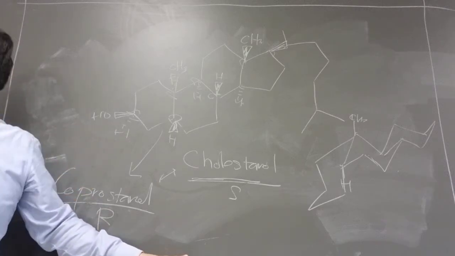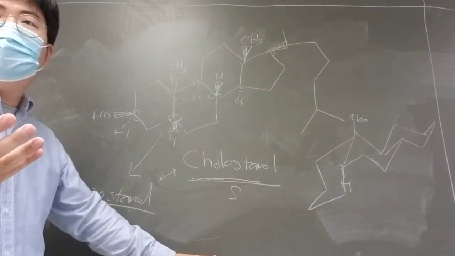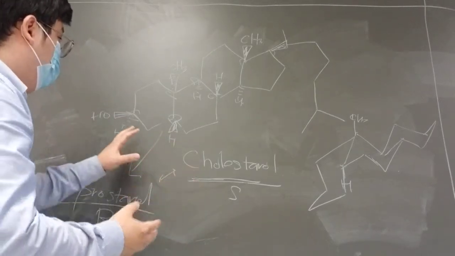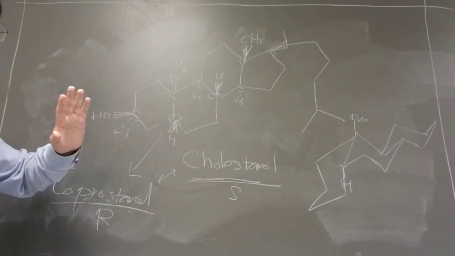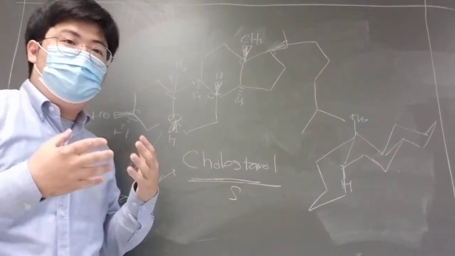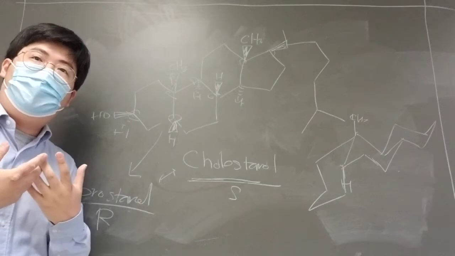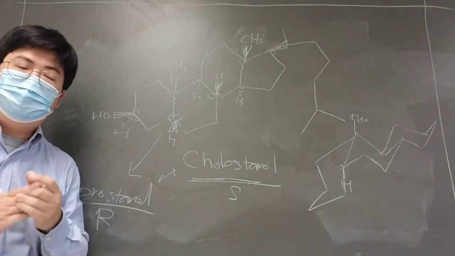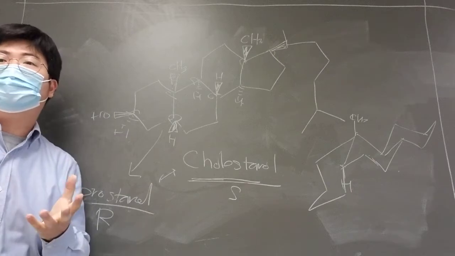Do you have any bio majors here? Bio majors? We all were, okay. So when you look at all these cholesterol-derived compounds and familiar compounds in the body, the most important thing, as scientists, is the structure, the shape.